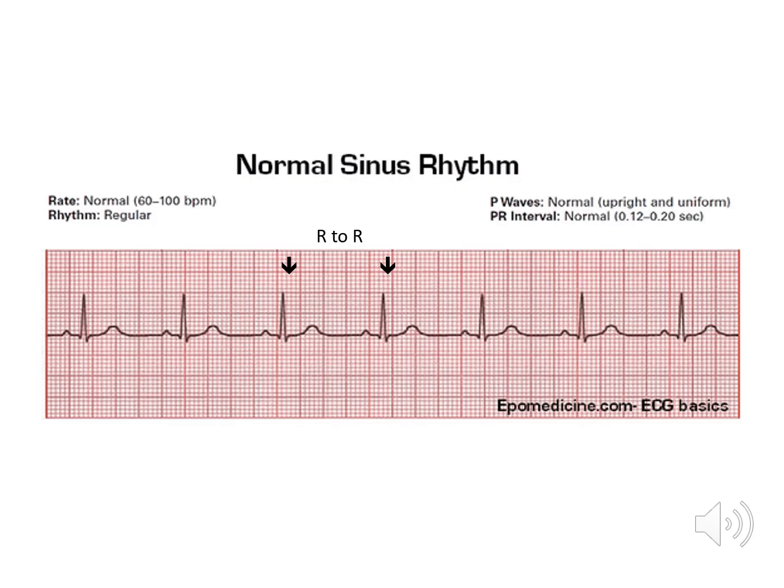If you have some R's that are closer together and some that are farther apart, then that indicates that this person has an irregular heart rhythm. Some beats are closer together, some beats are farther apart. In order to be considered normal sinus rhythm, there has to be a P wave in front of every QRS, and the R to R intervals have to be even.